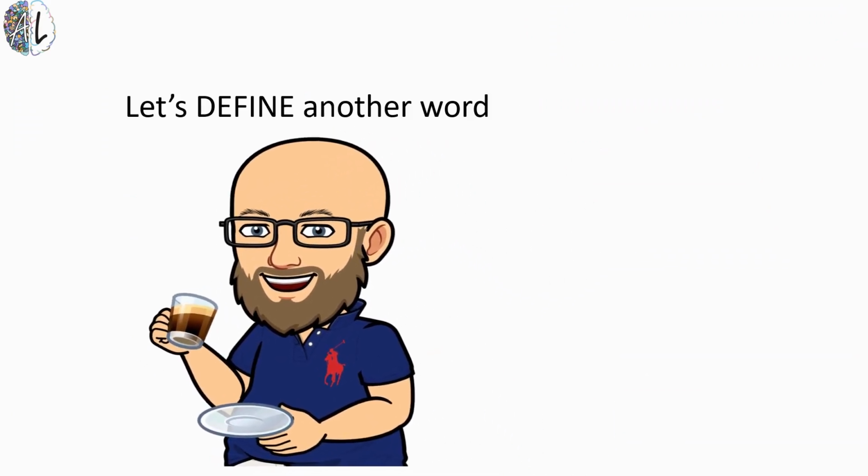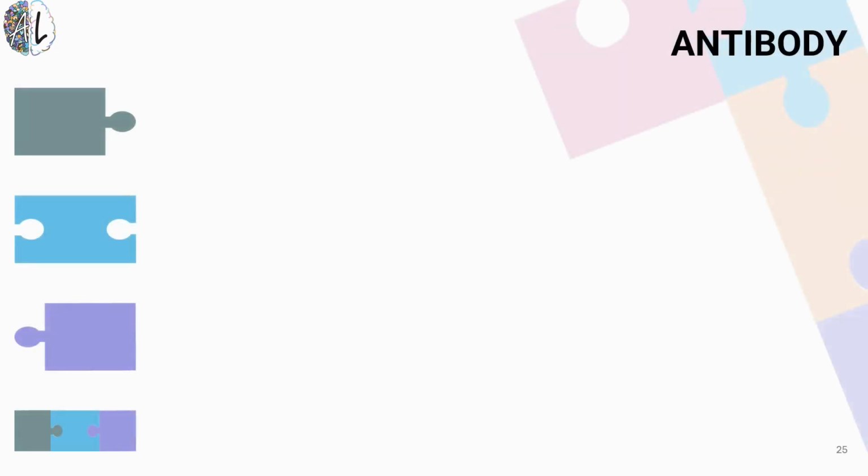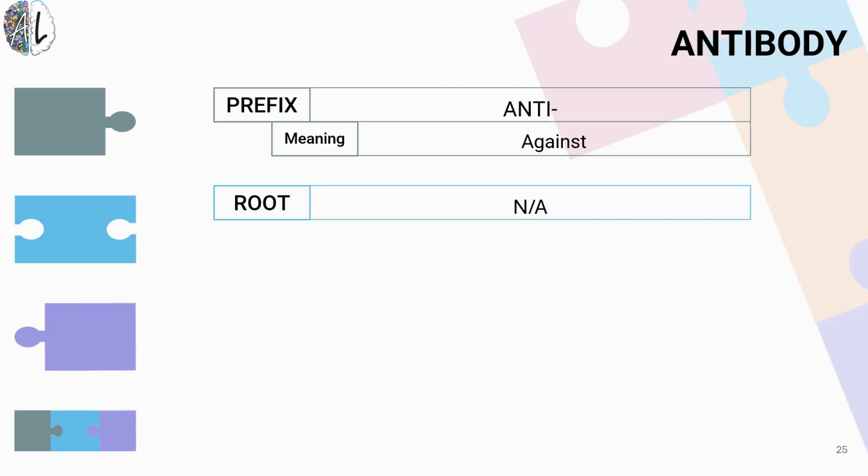Let's try another term. Next up, we have the term antibody. Antibody. See if you can break it down first. Hit pause if you need to. All right, there is the prefix anti, which means against.